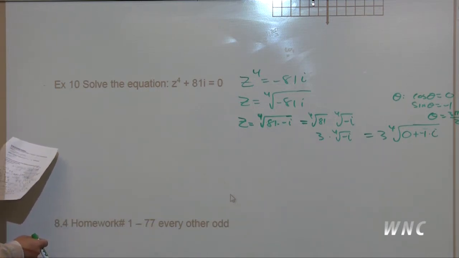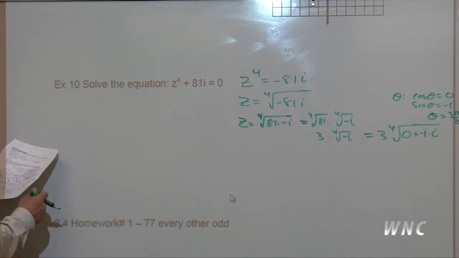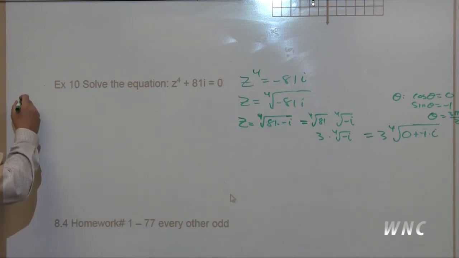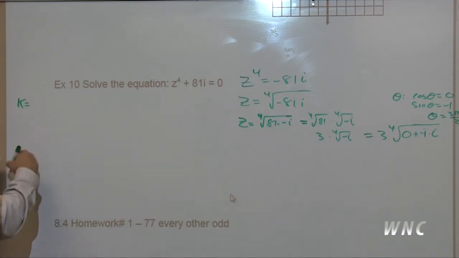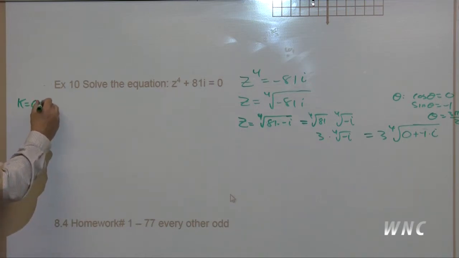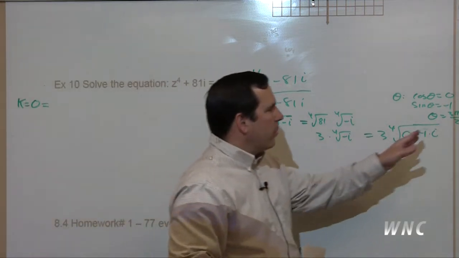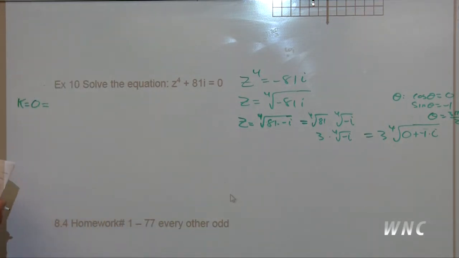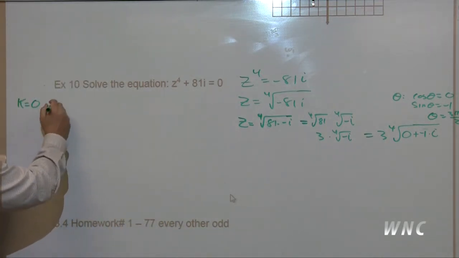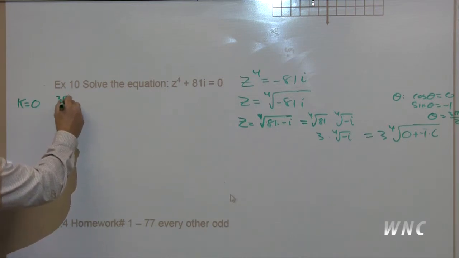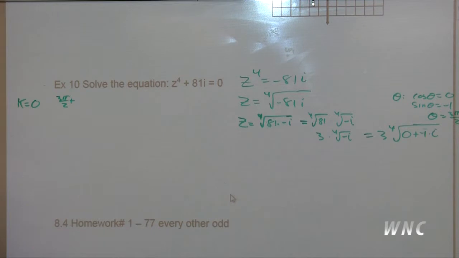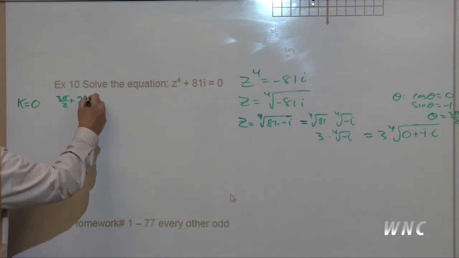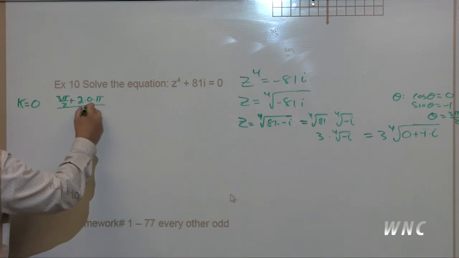Okay, so what we have then is, let's look at our different k's. In the fourth roots, we have k equals 0 through 3. For k equals 0, I guess we have two choices. We could do 3 pi over 2 or we could do negative pi over 2. I'm going to go for 3 pi over 2. What we have then is 3 pi over 2 plus 2 times 0 times pi, all over 4.